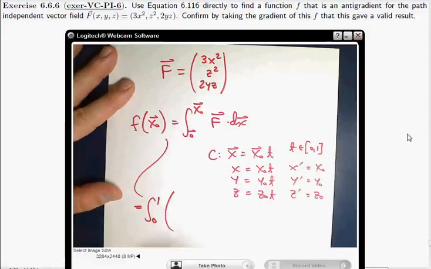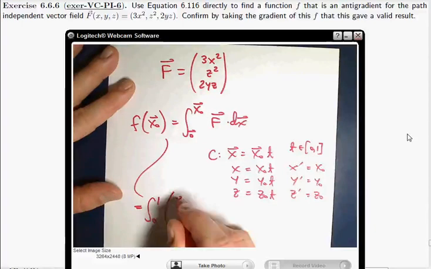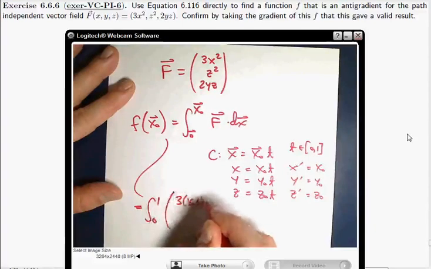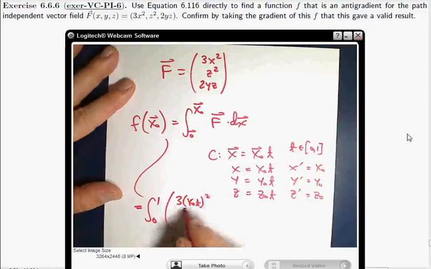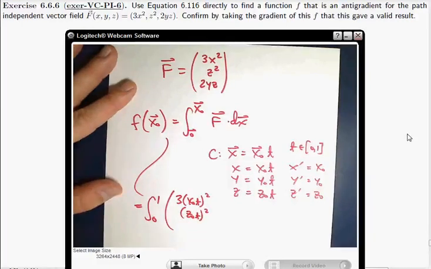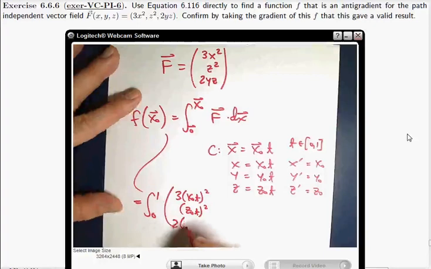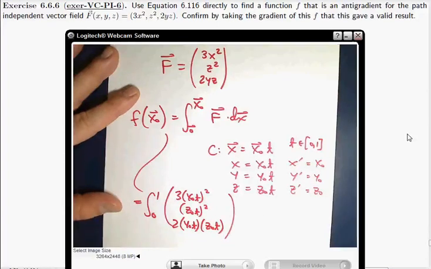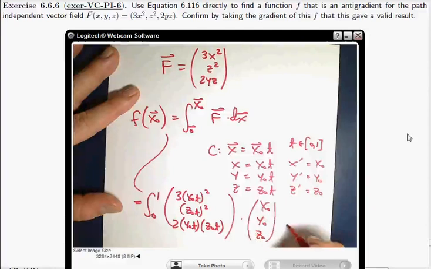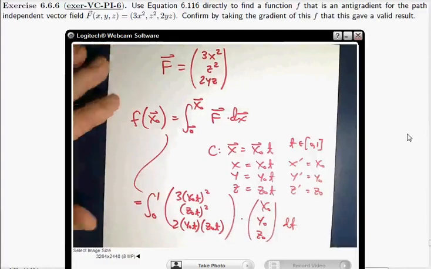So let's write that down. I have 3x squared, z squared, 2yz, there's your vector field, dot x prime dt. I'm going to multiply this out.